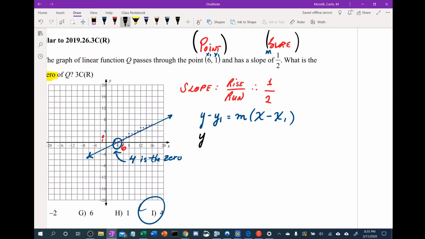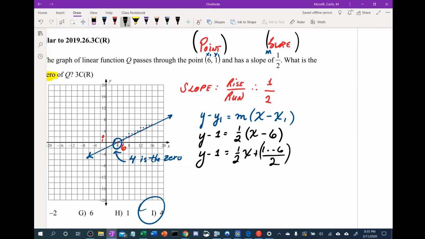So I've got y minus y1, which is 1, equals m, which is 1/2, open parentheses, x minus x1, which is 6. If I keep working this out, I have y minus 1 equals 1/2 x, and then 1/2 times negative 6, which is 1 times negative 6 over 2.